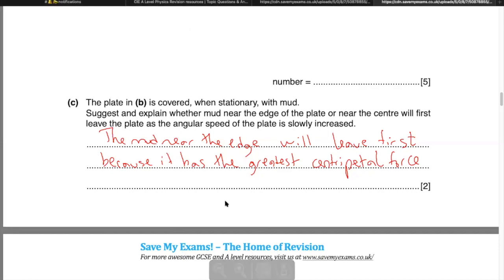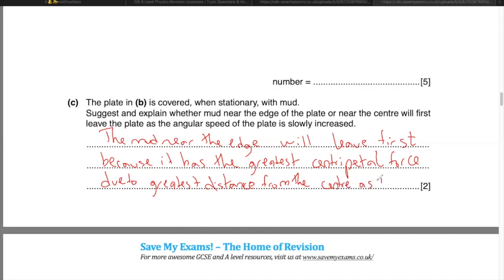Now you have to justify the centripetal force, and it's due to the greatest distance from the center, as FC is directly proportional to R. Now, listen, guys, you don't exactly have to write what I wrote because this is the answer in my wording.